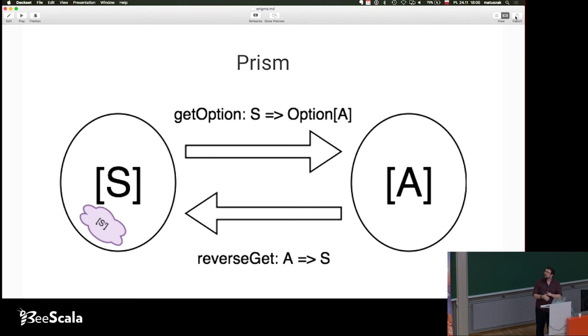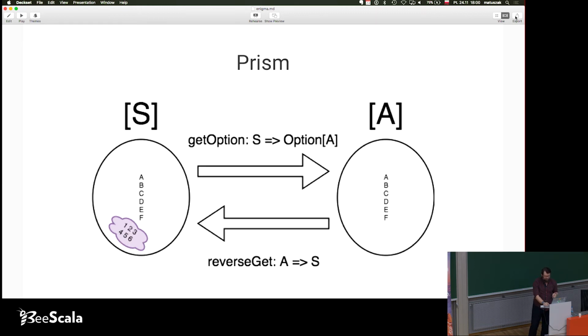To make it more clear, we have domain, and inside the domain there is this pink-purple area. If you try to pick something from there, you see that there is no pink area in the codomain, so you will end up with undefined, in this case, none.